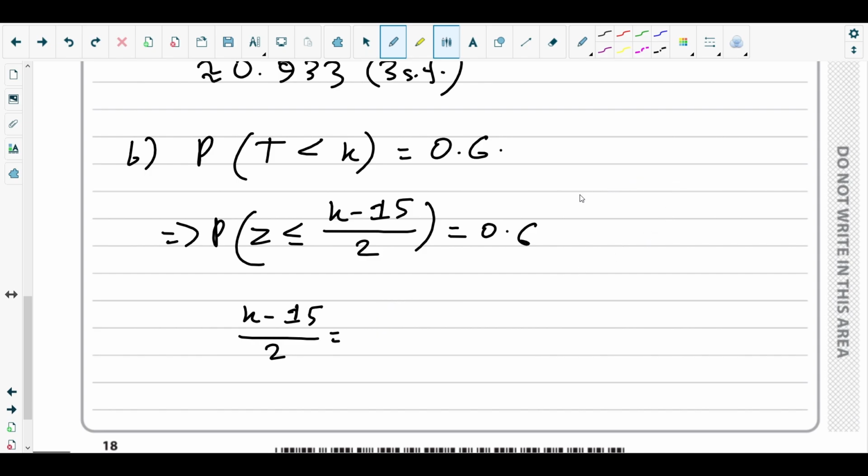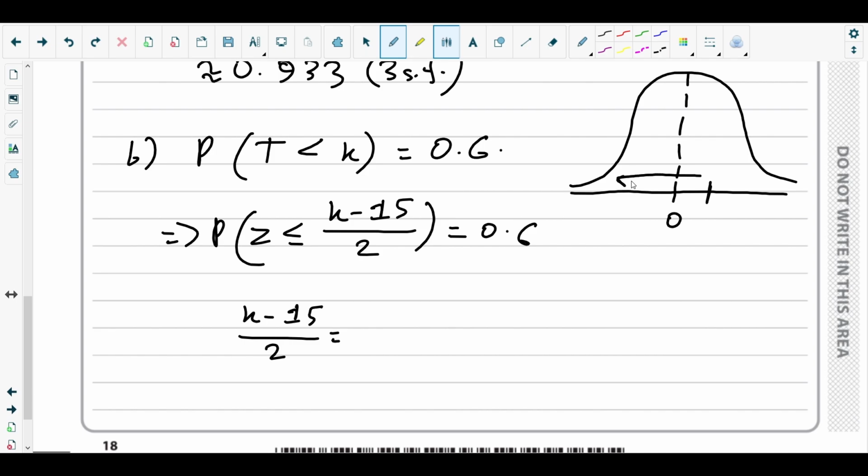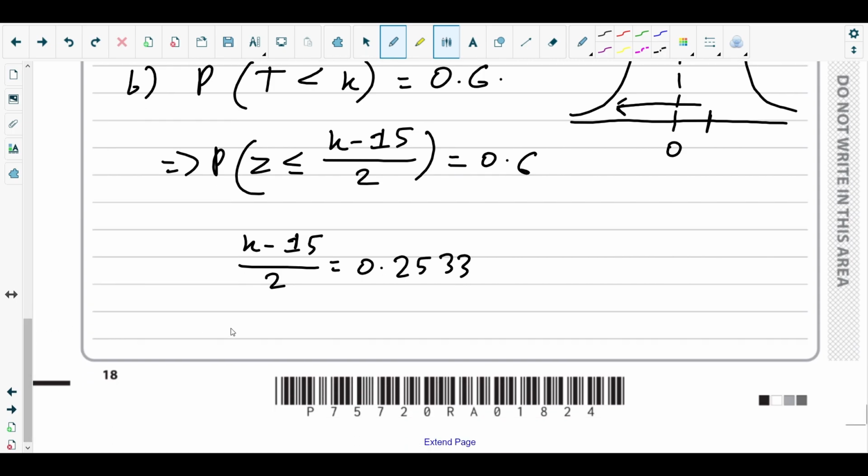If you consider the bell curve, this is the mean, 0, and the fastest 60% would be less than that, so this will be positive. This is 0.2533. So what would be the value for x? The value for x would be 0.2533 times 2 plus 15. This is 15 point what?